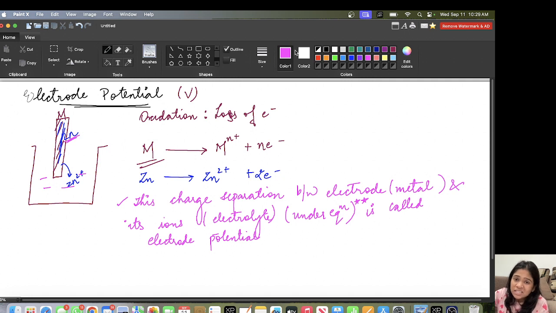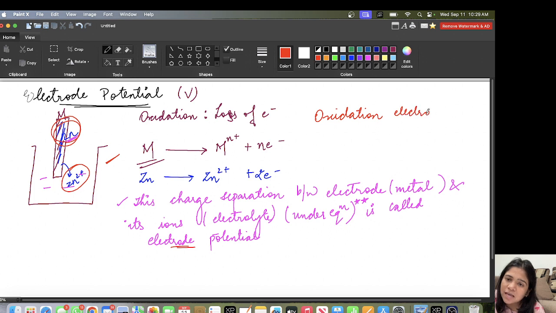This charge separation between the electrode and the electrolyte is called electrode potential. Since oxidation is happening here, you will call this the oxidation electrode potential.